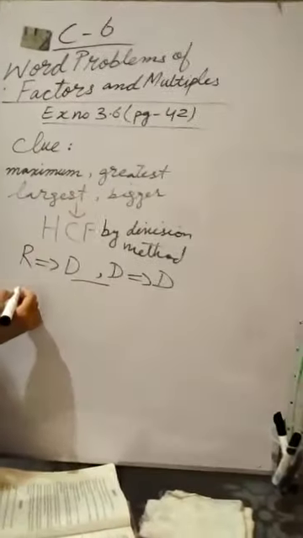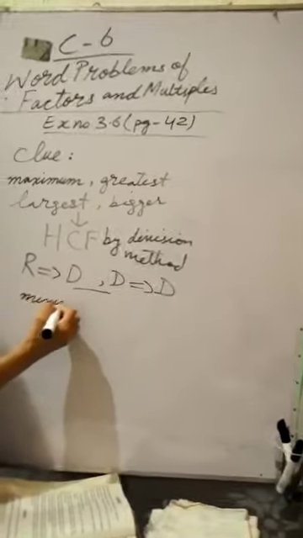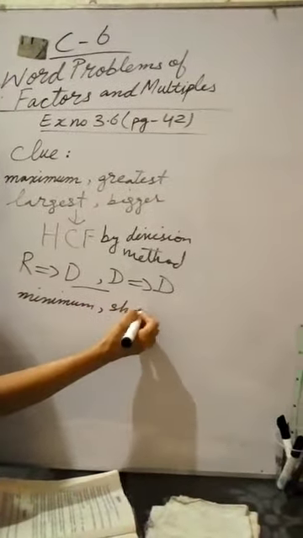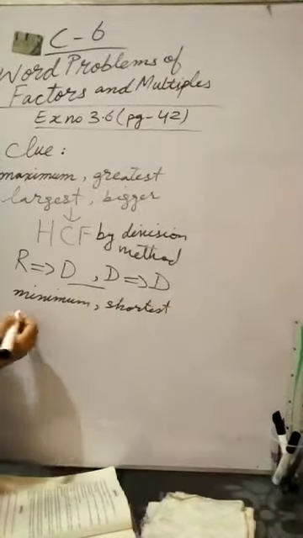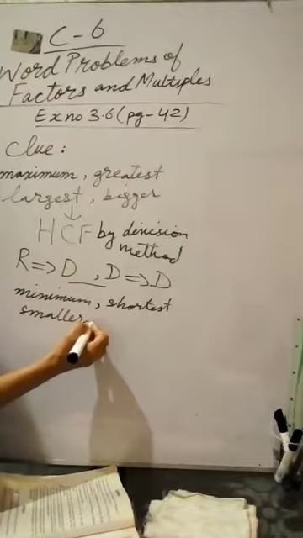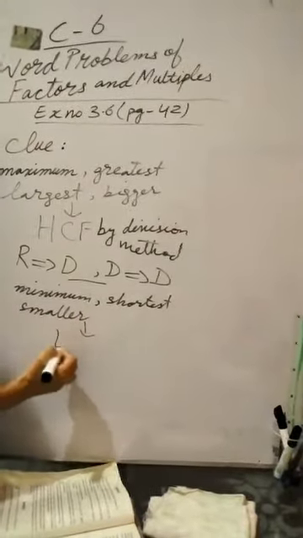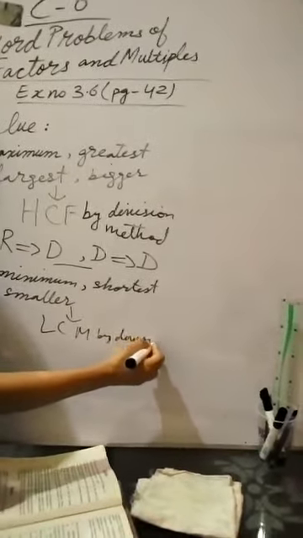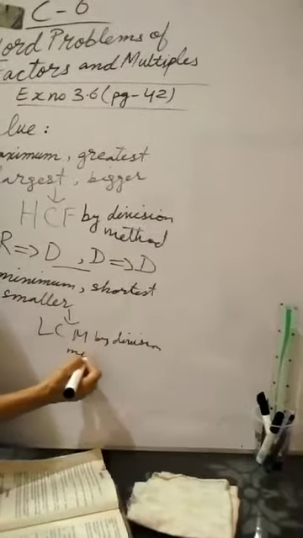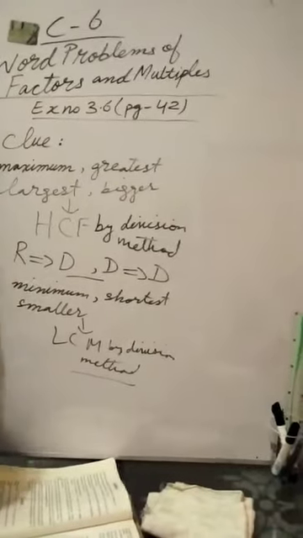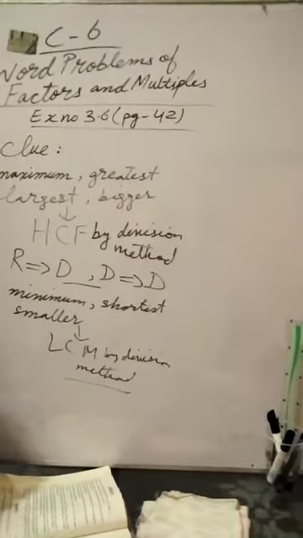But when we have a clue of minimum, shortest, smaller, we need to find the LCM by division method. So these two rules will help to solve the word problem easily.